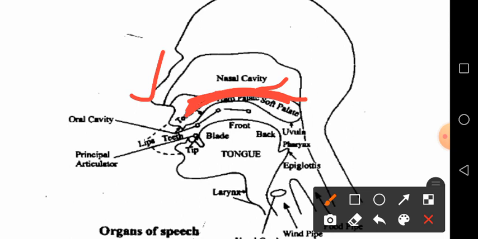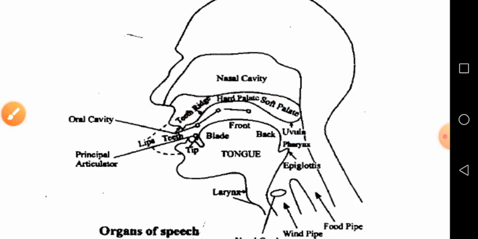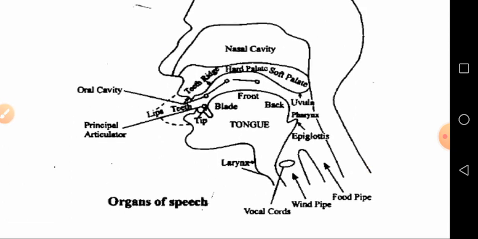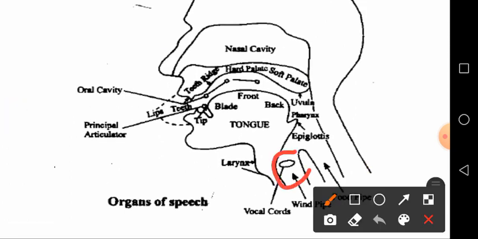And then the uvula is a small finger-like flesh hanging inside the mouth. Okay. Then we have what is called the vocal cord.